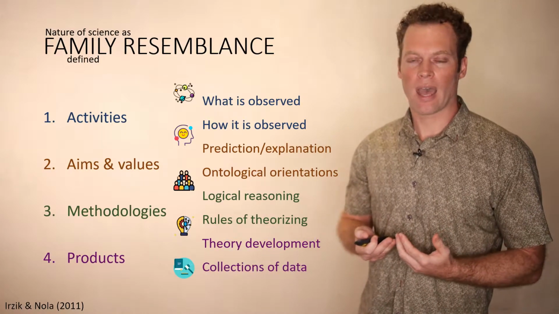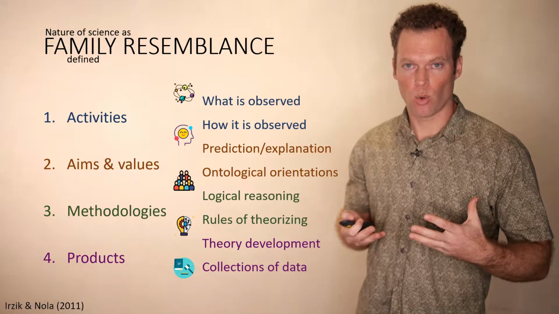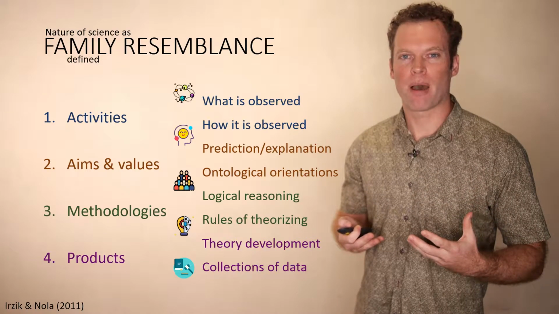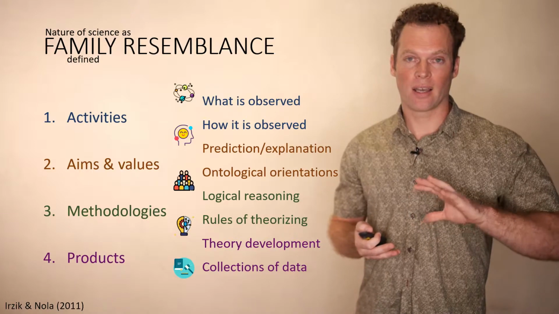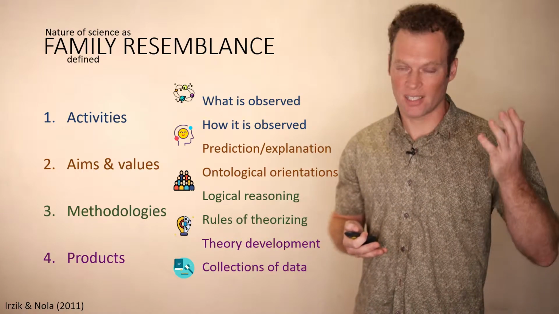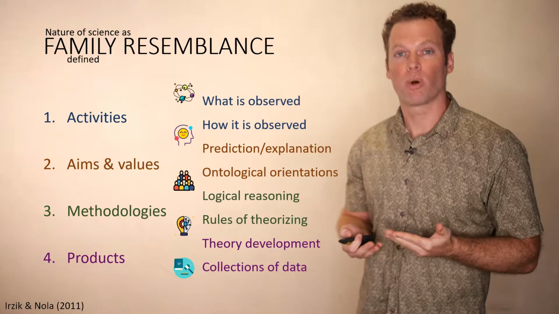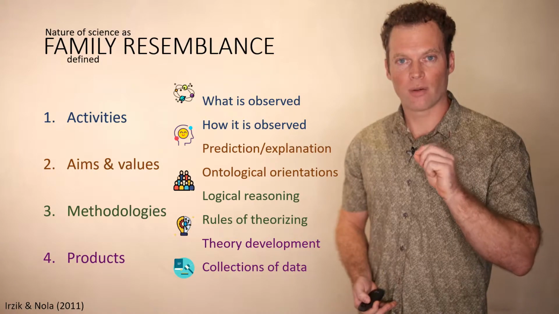This is something that science produces, is data sets or databases and these collections of information about things that were observed. And these can be things like large Excel spreadsheets containing lots of numeric data representing observations, or they can be notebooks of perhaps an anthropologist who is making handwritten observations.